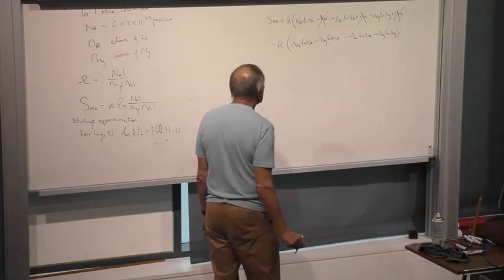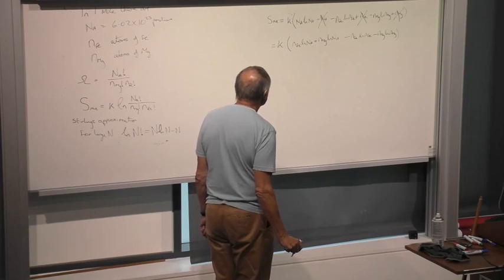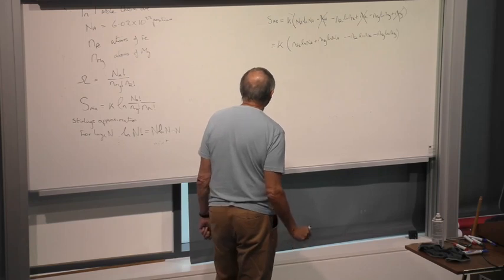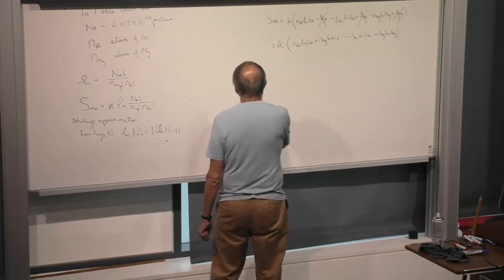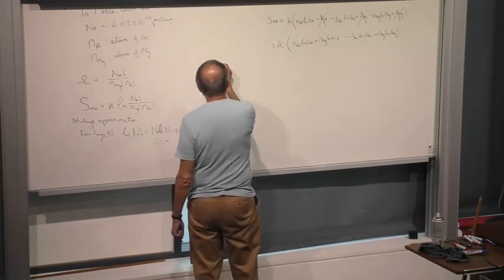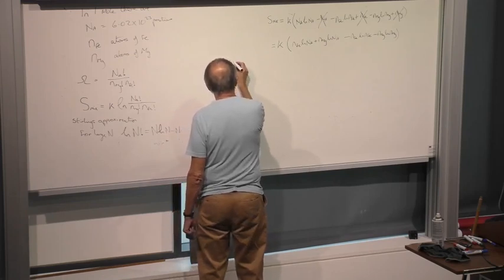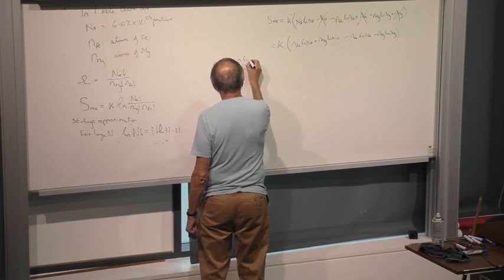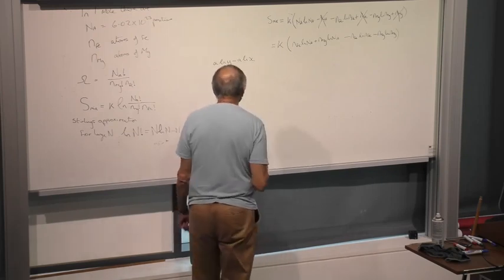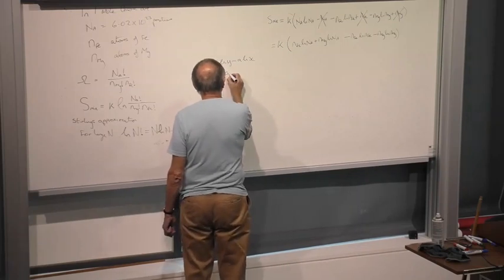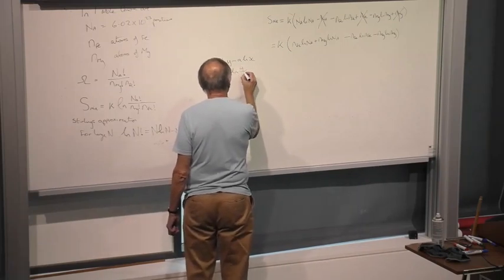We use the properties of logs, so a ln y minus a ln x equals a ln y over x.